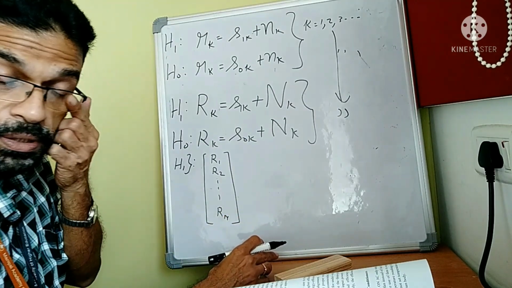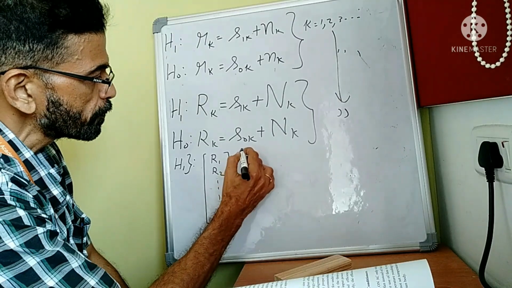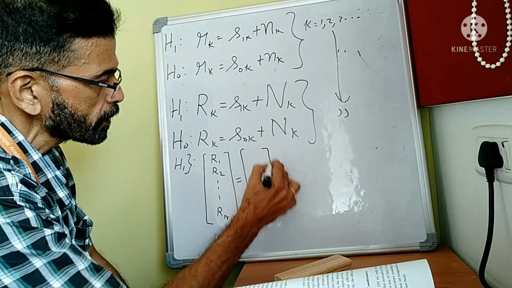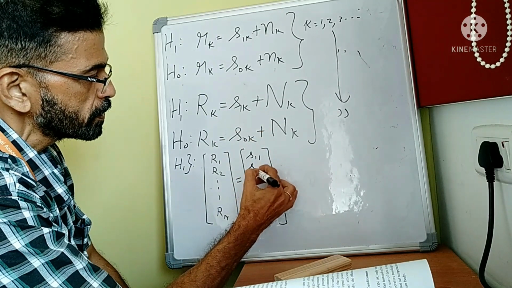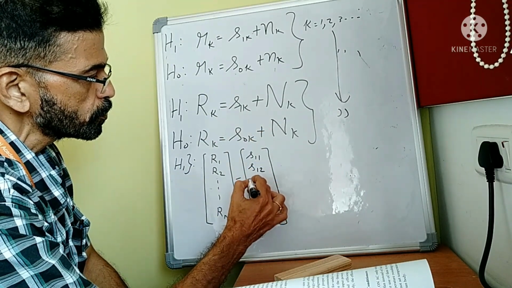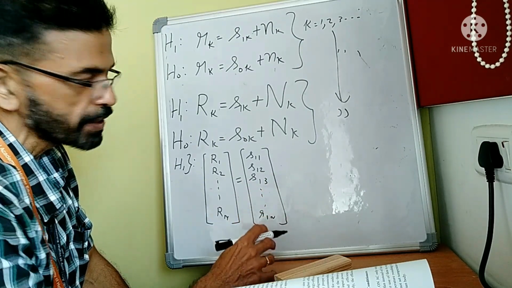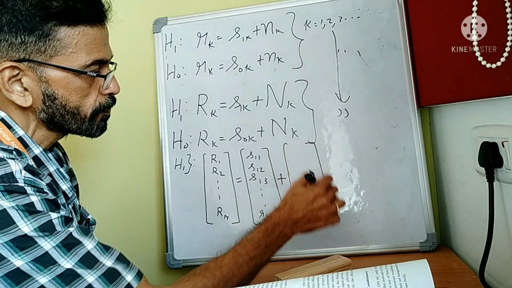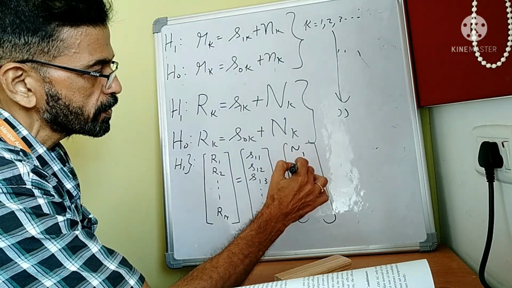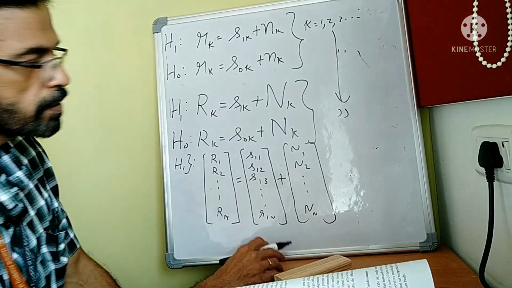N can be a large, huge number. This is equal to S11, S12, S13, etc. up to S1n, plus N1, N2, up to Nn.